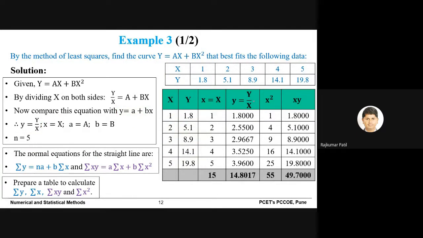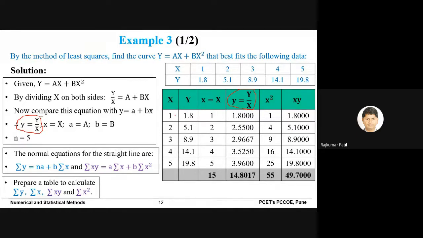Then we know that small y is nothing but the ratio of capital Y by capital X. So take the ratio of capital Y and capital X to prepare the fourth column.